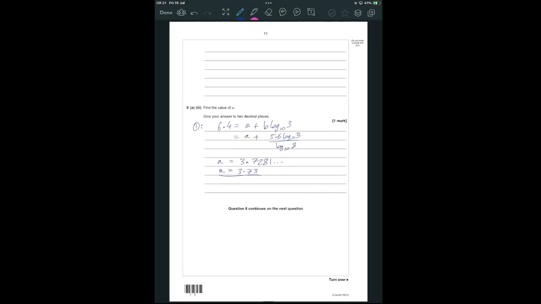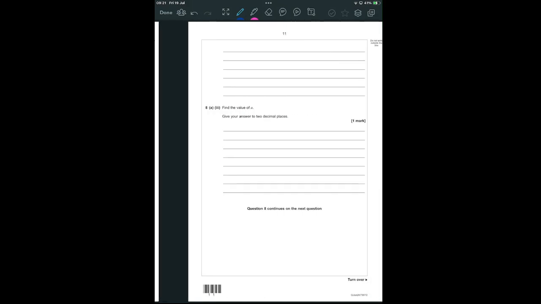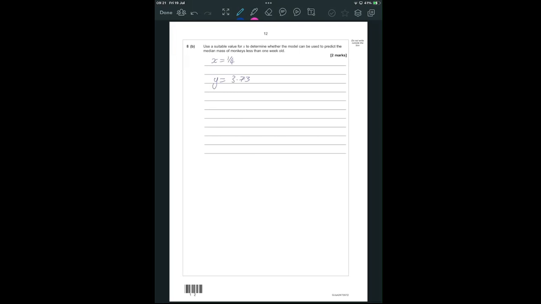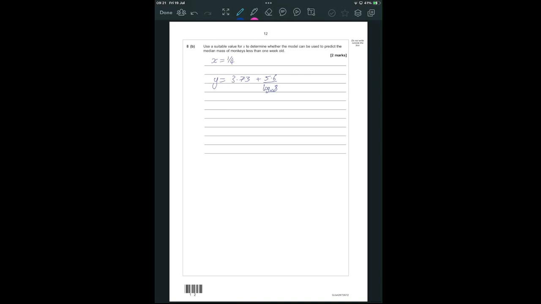Where's the x in the formula? I've lost the x. I was looking in the wrong section. So that's the 3.73 plus B, which was the 5.6 over log base 10 of 8, log x. So that's log base 10 of a quarter.